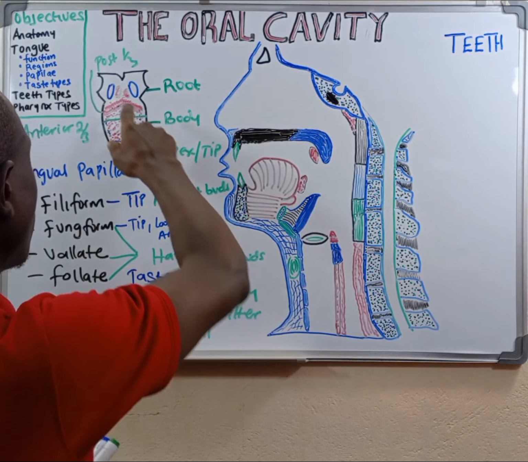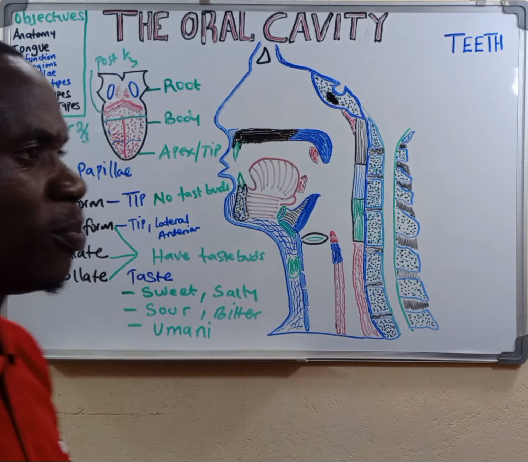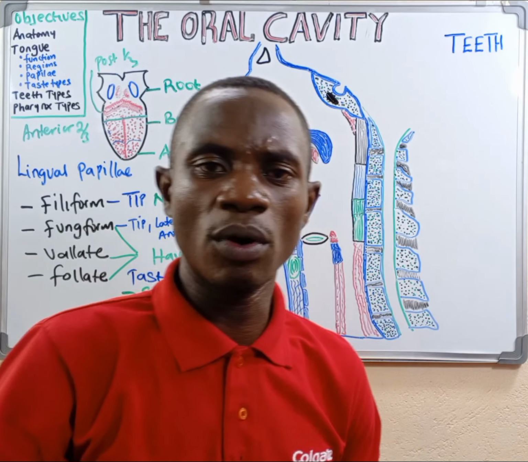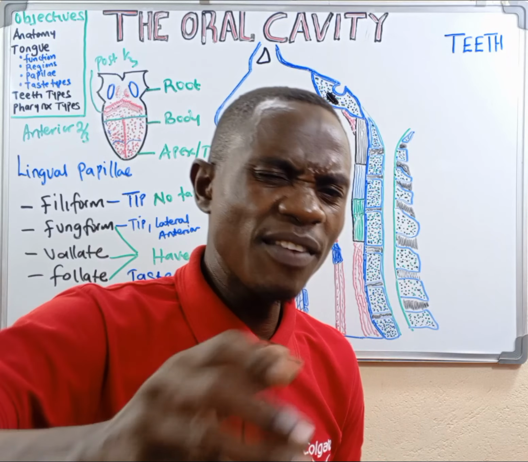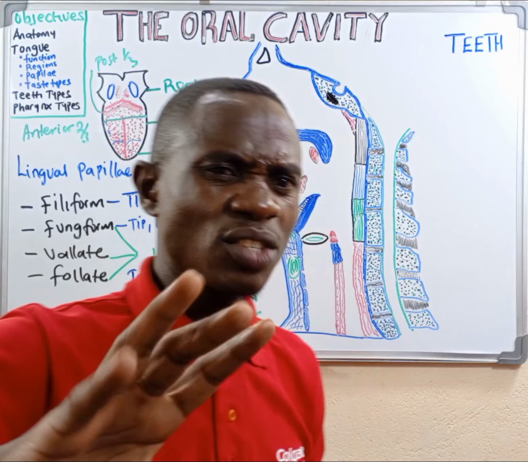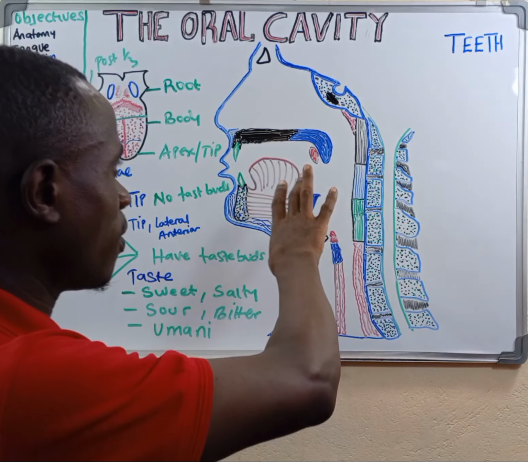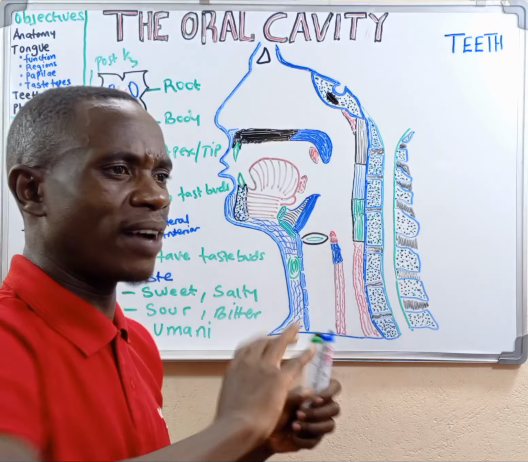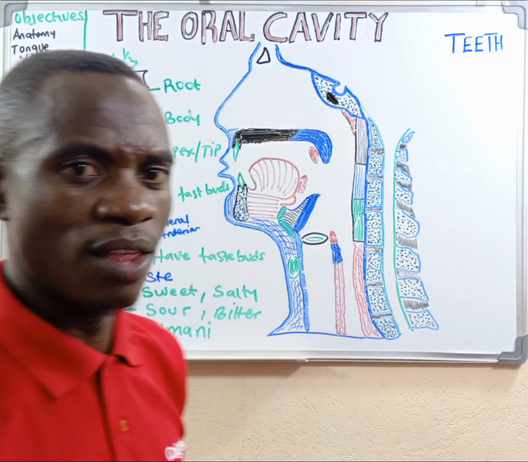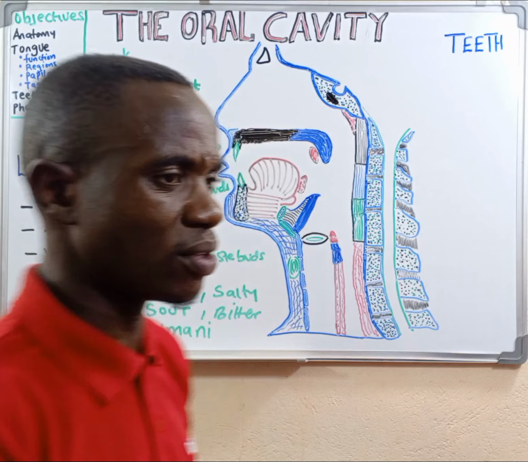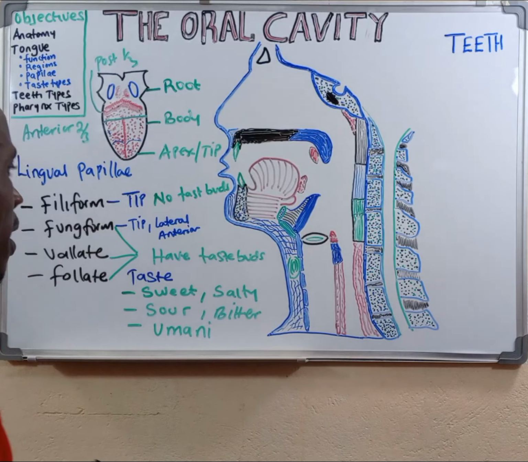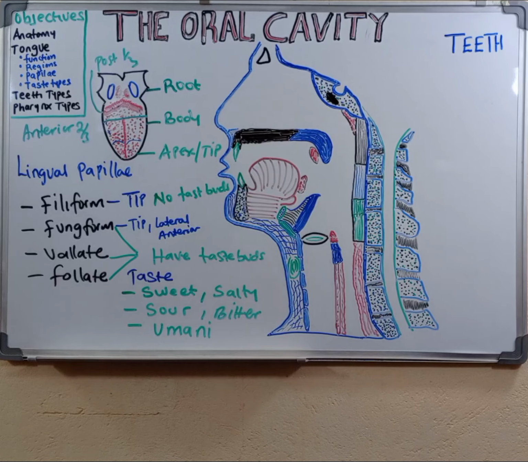For the posterior third, it's picked by cranial nerve number 9, the glossopharyngeal nerve. And there are also some little taste sensations picked up at the back of the oral cavity, on the pharynx, which is part of the vagus nerve picking up those sensations. It is another beautiful thing.